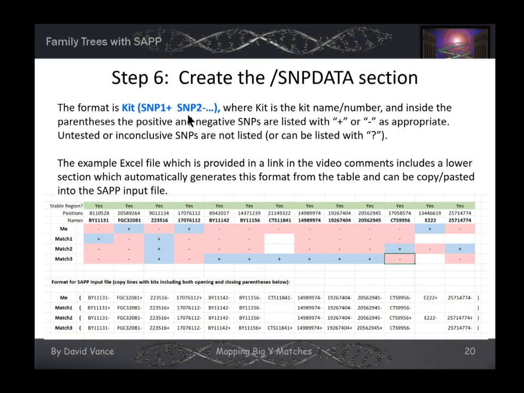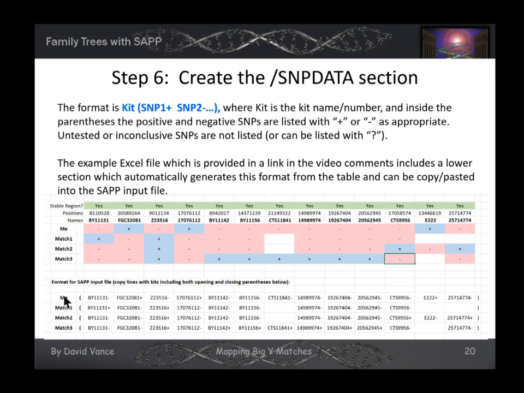You can have a question mark in this format, but we're going to leave those out because if you leave them out in the SAPP format, it's the same as if you said you don't know the results. Now, the whole reason that I put it in this format with the SNP numbers in the columns and the kits in the rows is because I can ask Excel to simply create that SAPP format for me automatically.